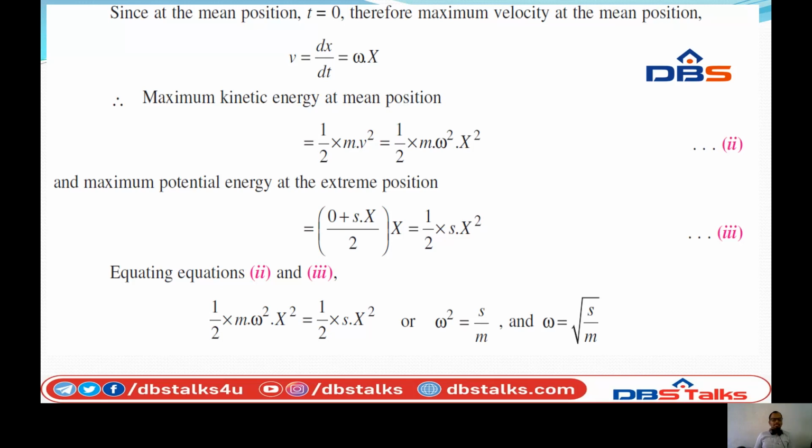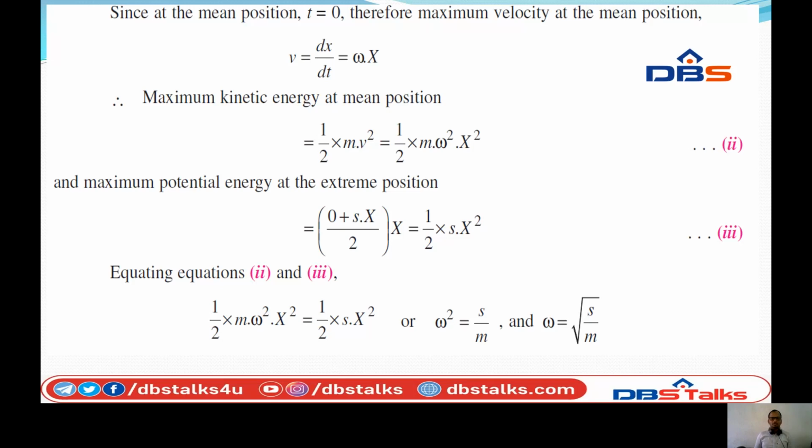Then the maximum kinetic energy at the mean position is half m v square, which is half m omega square X square. At the same time, the potential energy at the extreme position is half s X square.